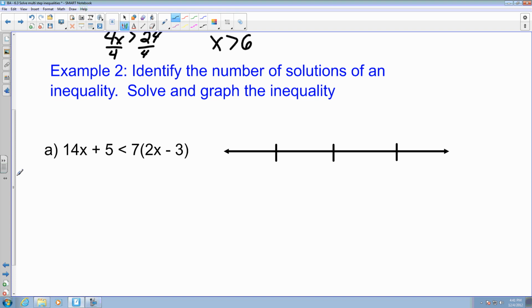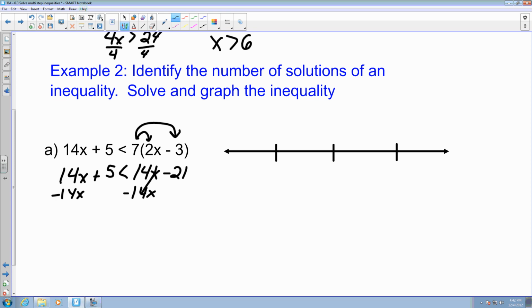So what I need to do is solve for x. I'm going to keep that 14x plus 5 is less than, but now I'm going to distribute that 7 over the quantity 2x minus 3, which leaves me with 14x minus 21. I need to get the common variable, so I'm going to add negative 14x to both sides.